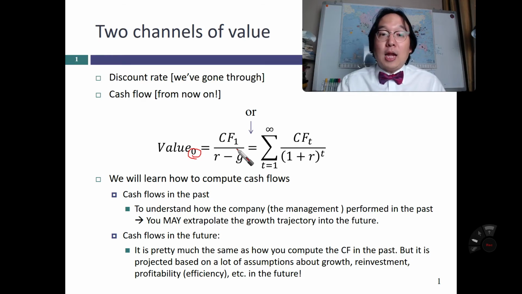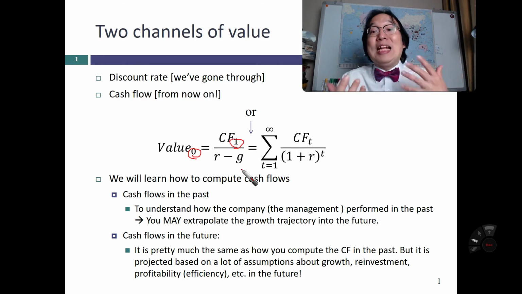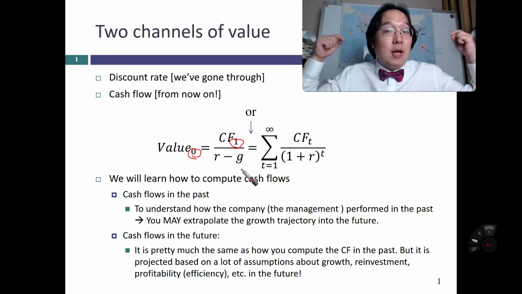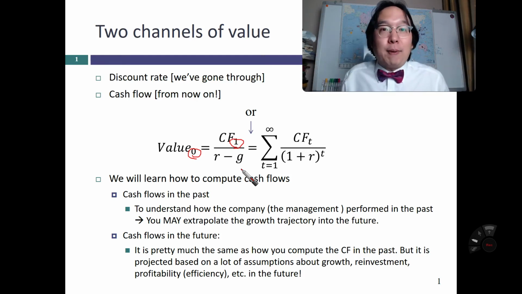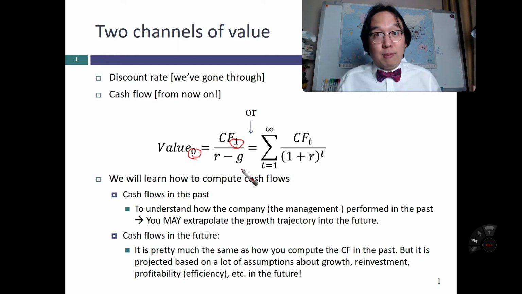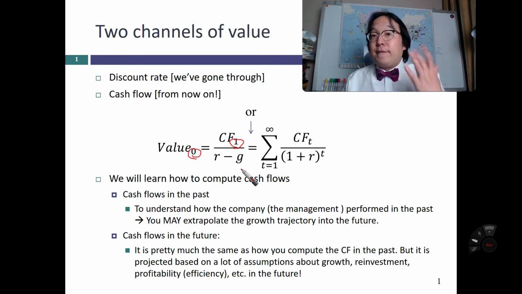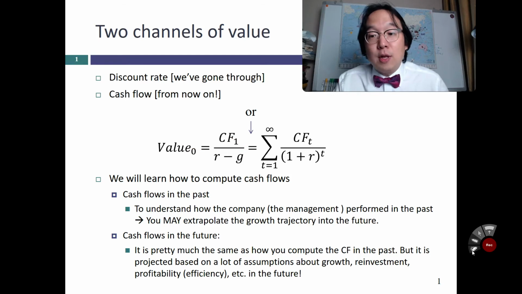The expected cash flow is the cash flow that will happen in the future. The cash flow that already happened, that is already in your pocket, there is nothing to value about it. Say bye-bye, okay? Gone is gone. Value is about the future. So that's one thing to be careful about.